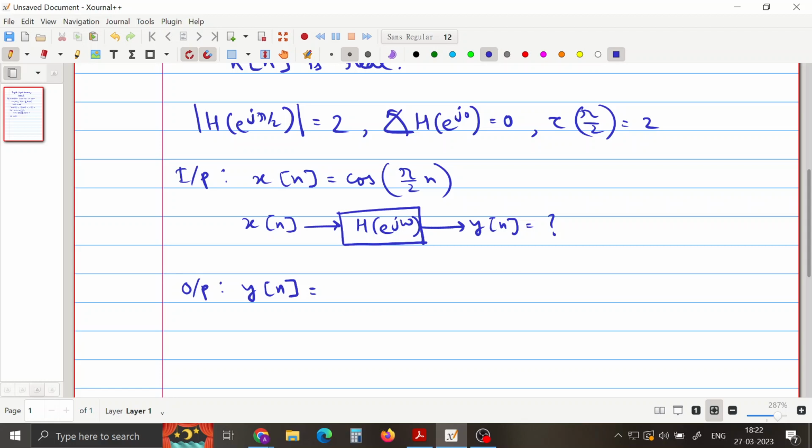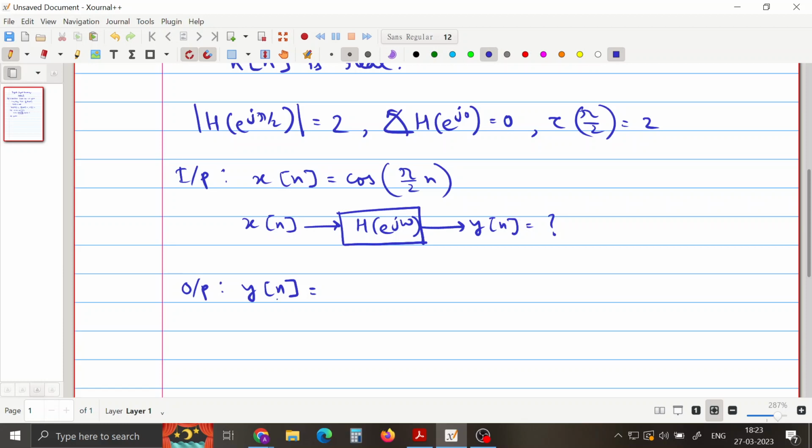Firstly, an amplitude scaling happens, and secondly, it undergoes a phase shift. So the amplitude gets scaled by a factor of the magnitude of the frequency response evaluated at the frequency of the input, and the phase also gets shifted by an amount which is equal to the phase of the frequency response evaluated at the input frequency.